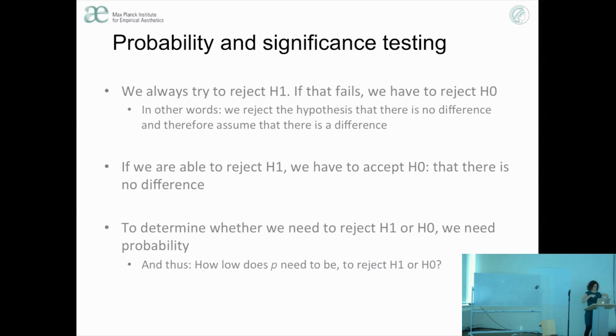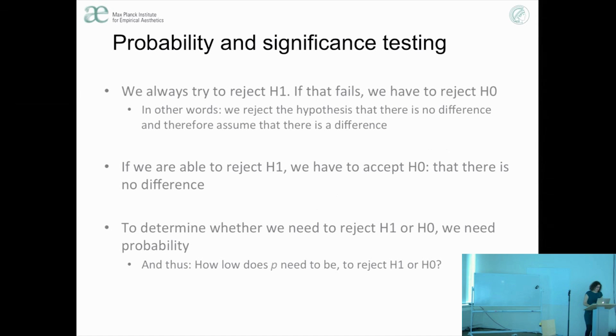If we can reject H1, we logically need to accept H0 and therefore that there is no difference. If that fails, we need to reject H0. In other words, we reject the hypothesis that there is no difference and therefore assume that there is a difference. Again, this is a very roundabout way of doing it, but it's the proper way of doing it. Is that clear so far?